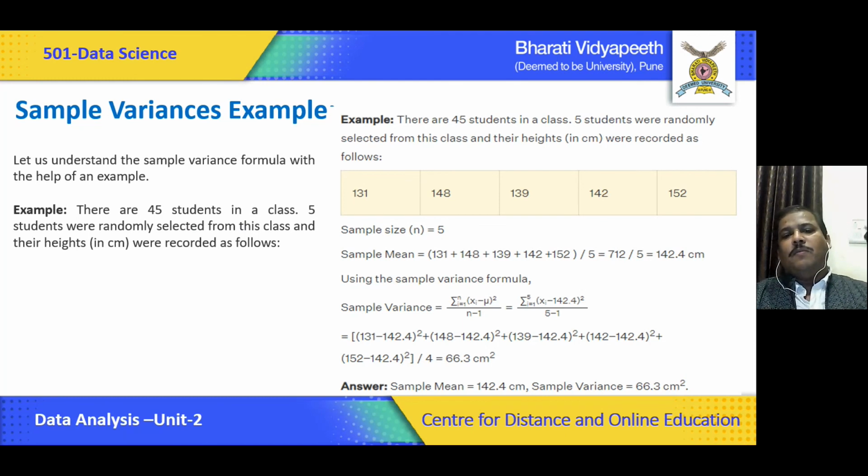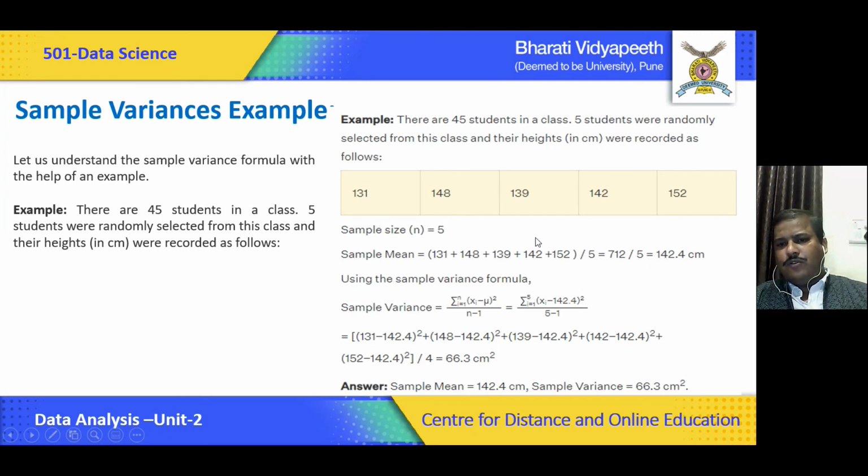That is the miracle of sample variance, right? So we cannot go for all 45 students' data. If you have the 45 students' data, you can have an exact conclusion, right? But without using the 45 students' data, only randomly we can predict something, right?